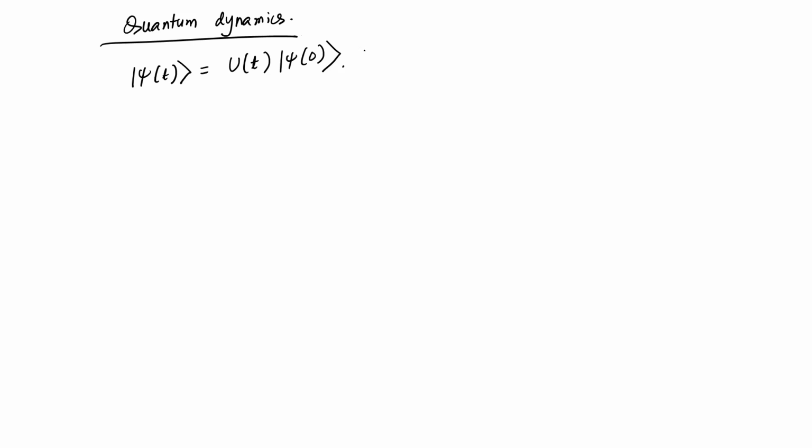Or you can write it more generally, because usually it is not only evolving from time t equal to 0 to a time t; it could be from t equal to t1 to t equal to t2. So, let us use two indices here. In this case, one of them is t, the other is 0, and this is psi of 0.